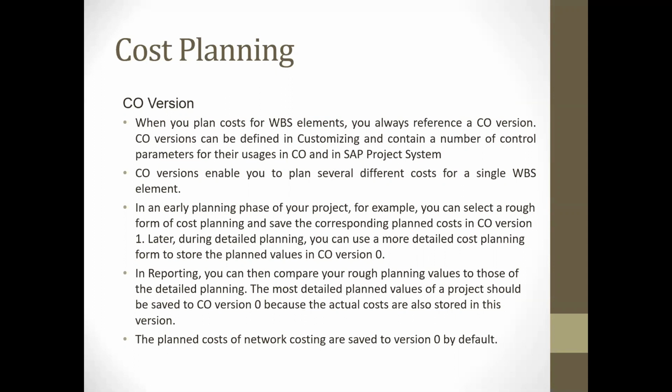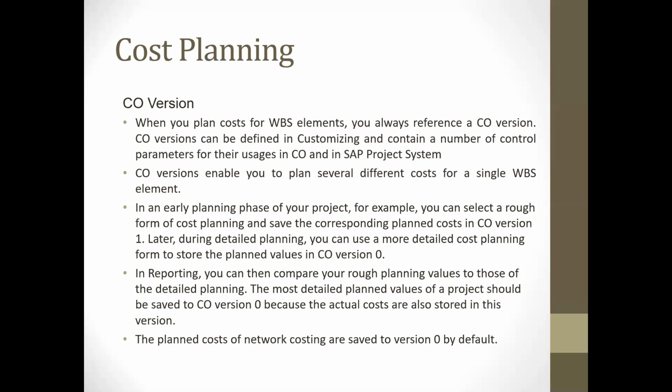In reporting, you can compare your rough planning values to those of detailed planning. The most detailed planned values of a project should be saved to controlling version 0, because actual costs are also stored in this version. Plan costs of network costing are saved to version 0 by default.